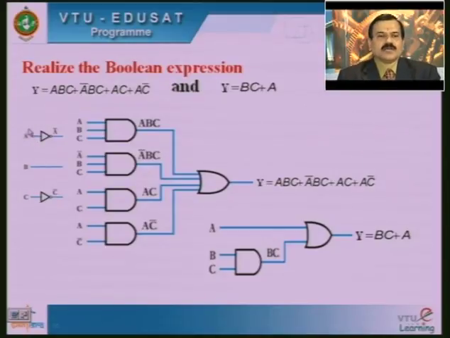To achieve the complement values of A and C, we use 2 NOT gates. The A bar achieved through the NOT gate is fed to this line. Therefore A bar, B and C are the inputs for this particular AND gate. Hence the 3 input AND gate output is A bar B into C.